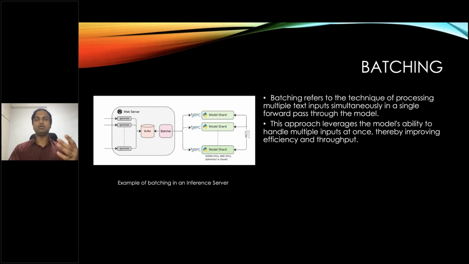But the catch is you can't do straightforward batching, because although we are talking about the transformer architecture, mostly what we have been talking about till now is the decoder cycle, which is irregular in terms of handling the length of the input and output, because the lengths of input and output are very different.